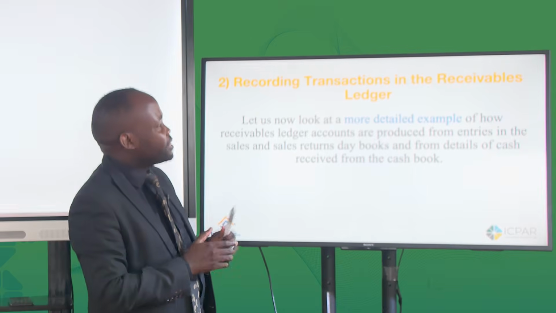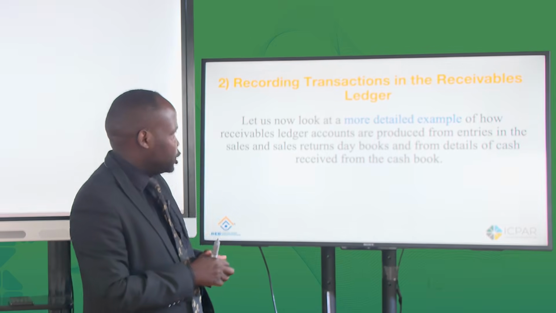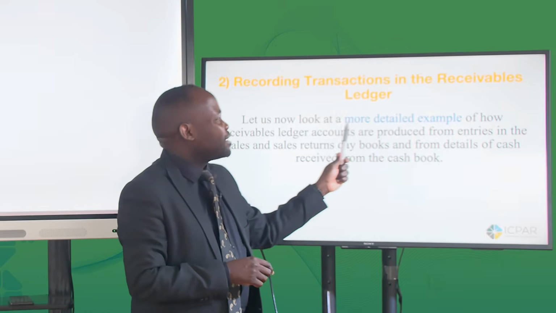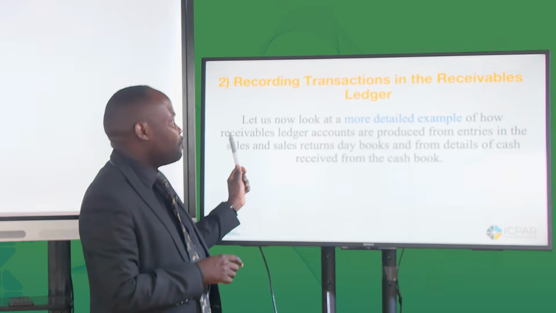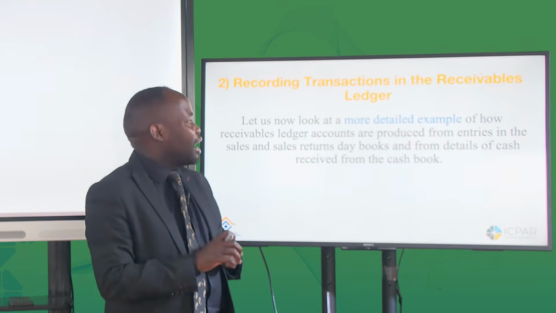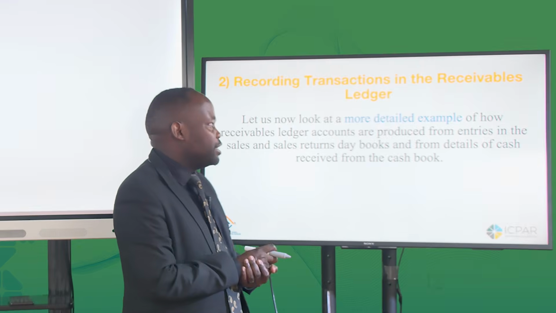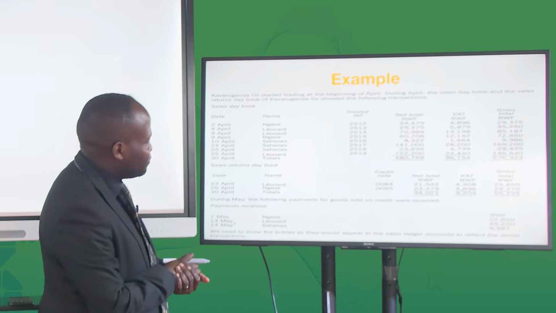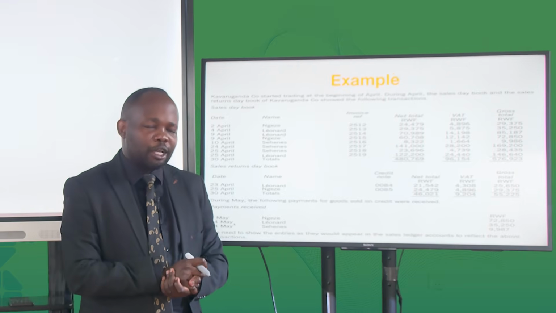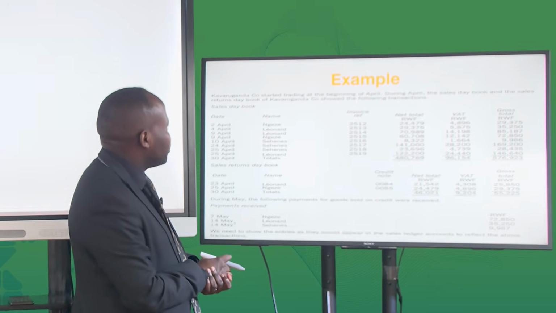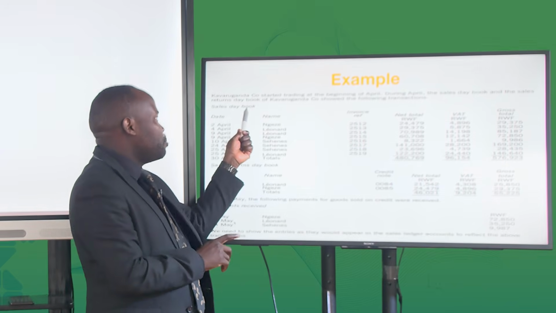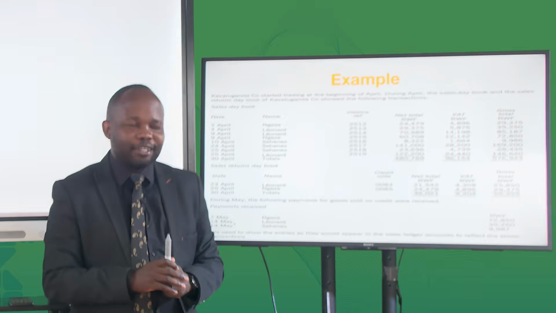Now, recording transactions in the receivables ledger. Let us now look at a more detailed example of how receivables ledger accounts are produced. So we are going to now go into details on how the receivables ledger is produced. So there is a detailed example here of a sales day book, which is a book of prime entry.